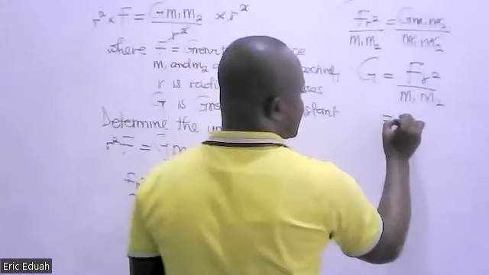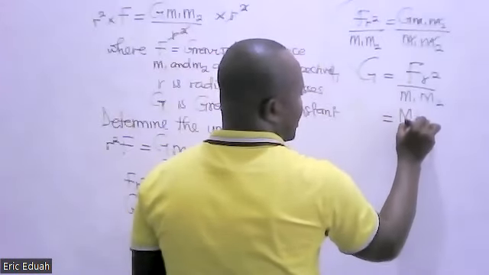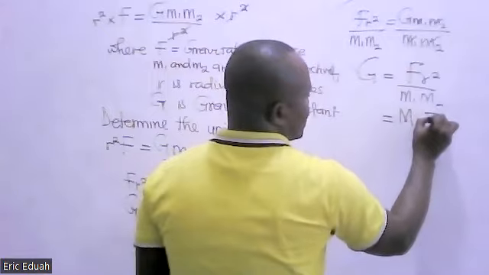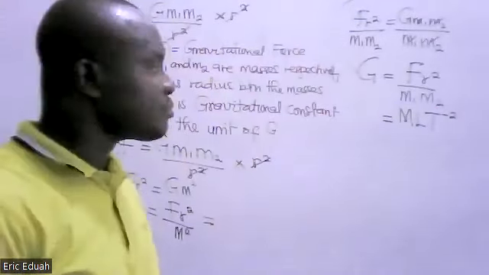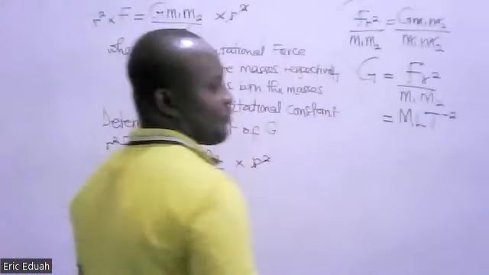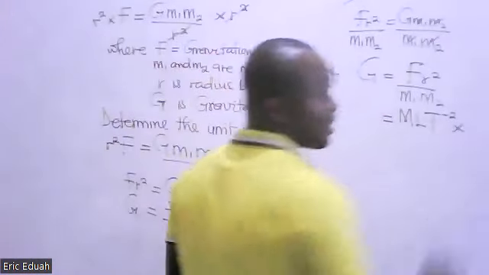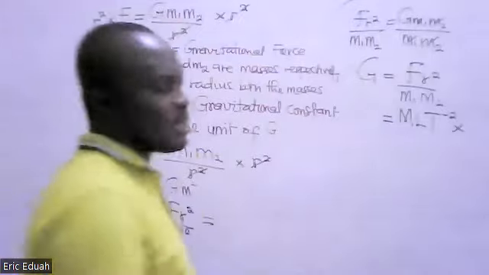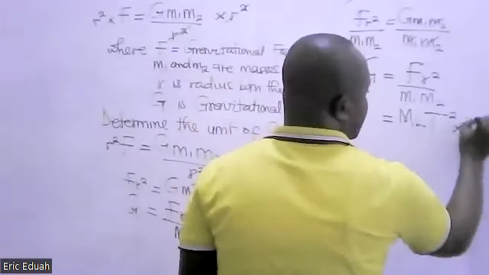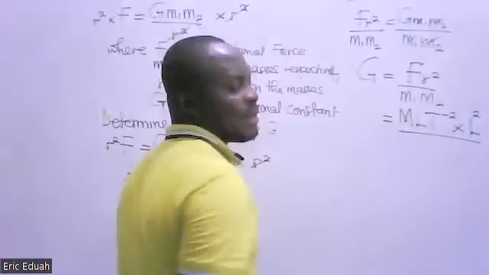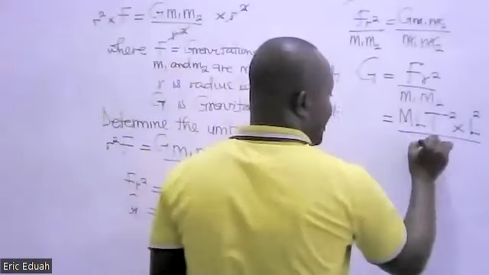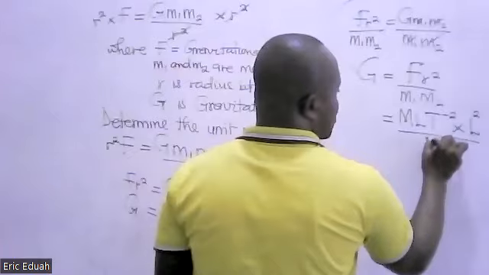The dimension of force is MLT to the power negative 2. The dimension of the square of radius: radius is a length, so L squared. M1 is a mass, M2 is a mass, so divided by M squared.